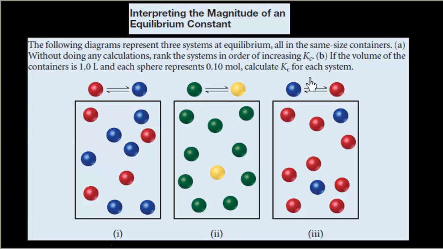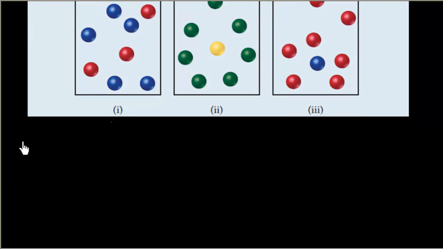So basically we have to calculate the increasing order of Kc, and in the first case, without doing any calculation. So let us discuss part A.